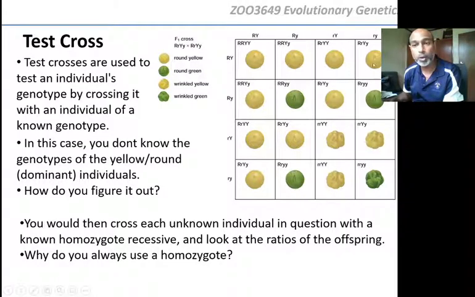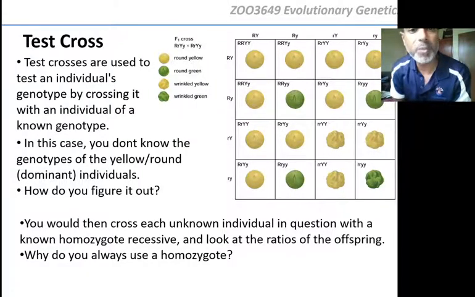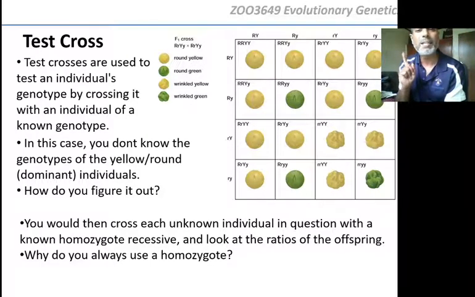All of them will look like this. If you mate these two together, you will only get this. So then you know, all my offspring are round and yellow. That means the unknown one was a homozygous dominant for both round and yellow.